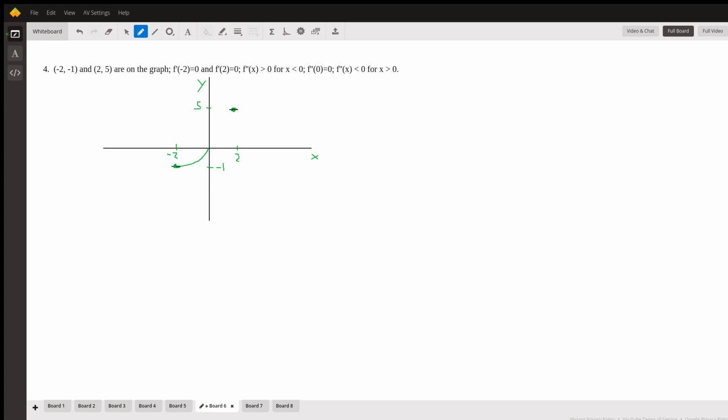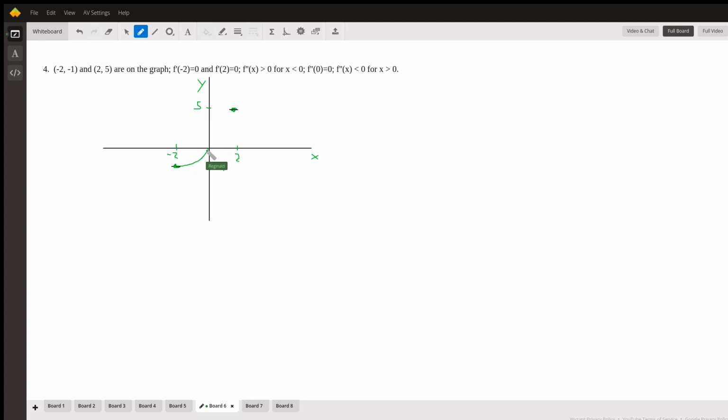And they also said that, all right, I'm getting a little lost. F double prime of 0 is 0, right? So this is going to be an inflection point. Somewhere along the y-axis is going to be an inflection point. So an inflection point is when it changes from concave up to concave down, or concave down to concave up, right?